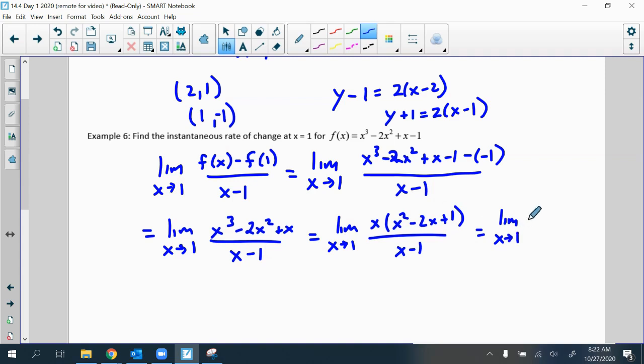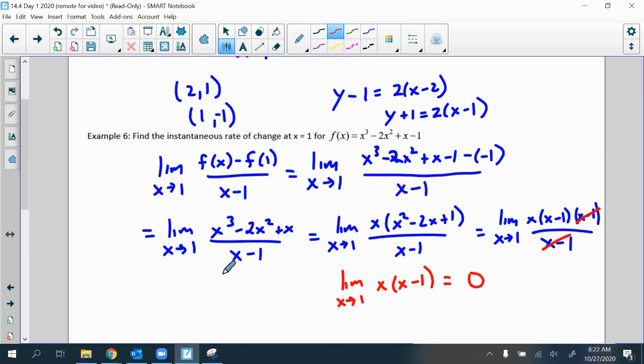Continue to factor. Limit as x approaches 1 of x times x minus 1 times x minus 1 over x minus 1. One of these x minus 1s cancels. So now I have the limit as x approaches 1 of x times x minus 1. And if I plug in 1, I get 1 times 0, which is 0.